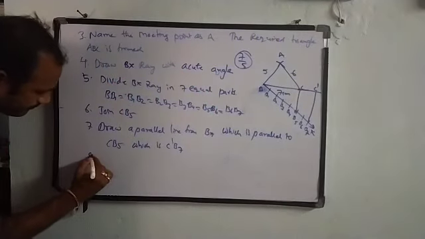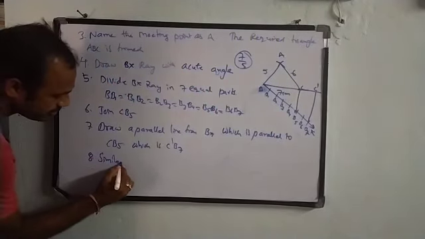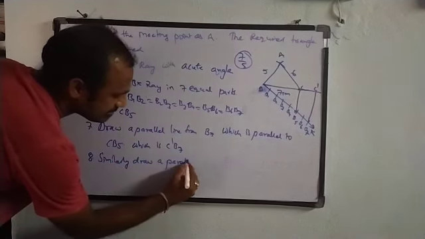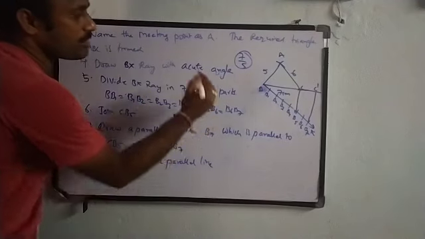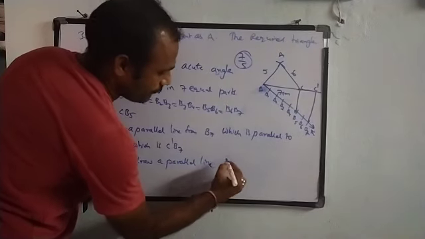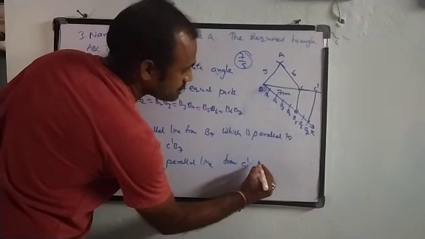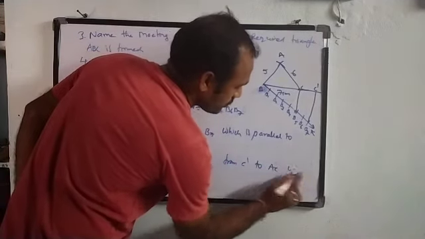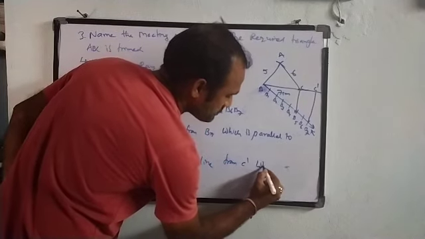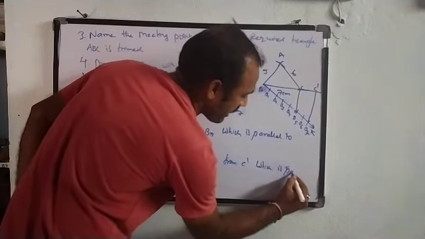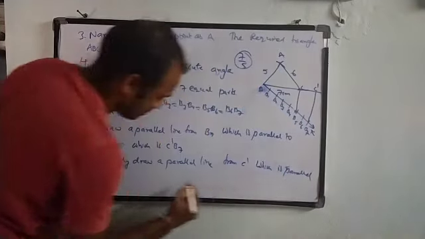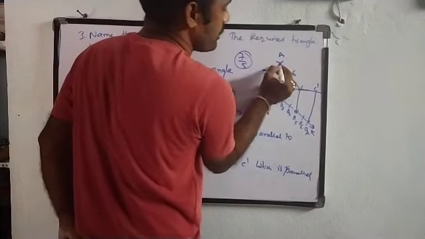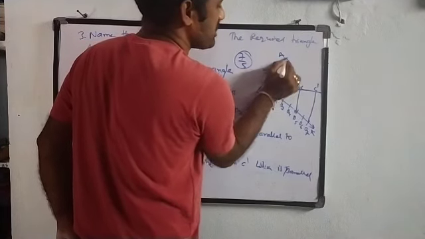Next, similarly, draw a parallel line from C dash which is parallel to AC. For that also I need to extend this line.